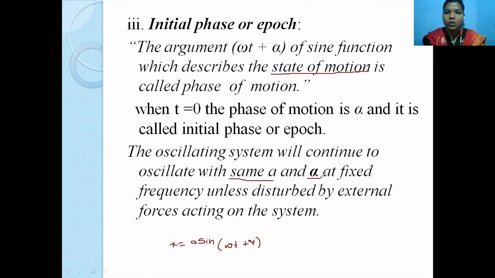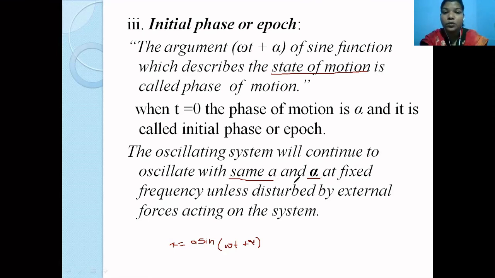There are no external forces disturbing the system. In this case, the particle will oscillate with the same amplitude. No external forces are acting on it. The amplitude will not decrease with time, so there will be no damped oscillations in this case, and the particle will perform oscillations with the same initial phase or epoch.